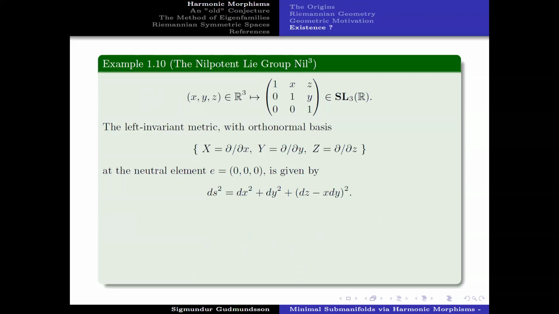Now, let's have a look at this. This is the three-dimensional Heisenberg group. You see, the metric here is pretty simple, but here you have this symmetry in x and y.